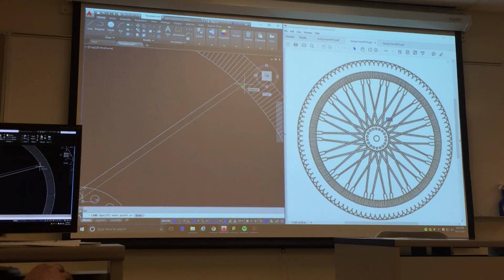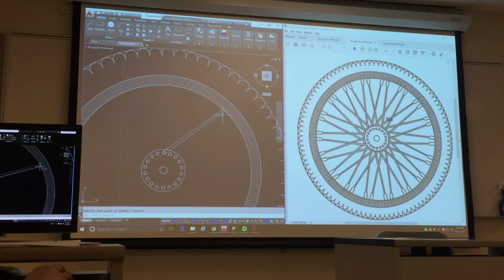You can either turn them off or zoom in and override them, however you want to handle that. But it should be fairly parallel, something that looks sort of like that. So it does connect to the circle with a TAN enter, the tangent snap, and then it comes out somewhere that's parallel to this guy.